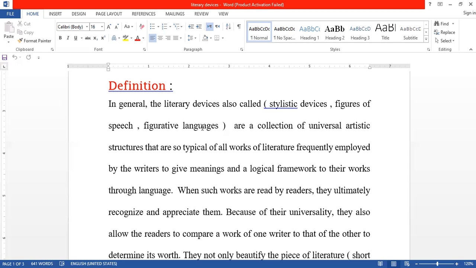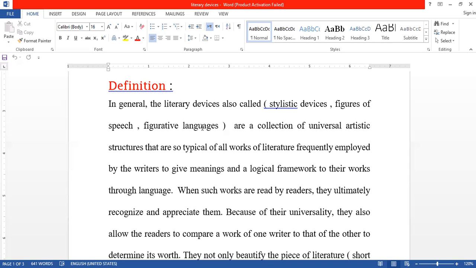Why? Because they have their own style of writing, and these stylistic devices will beautify their style more and more. So they are frequently employed by the writers to give meanings and a logical framework to their works through language.